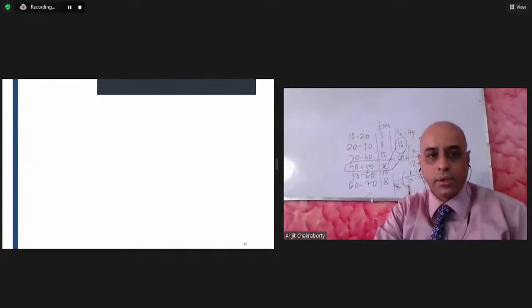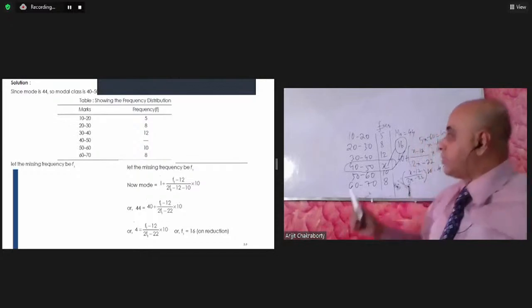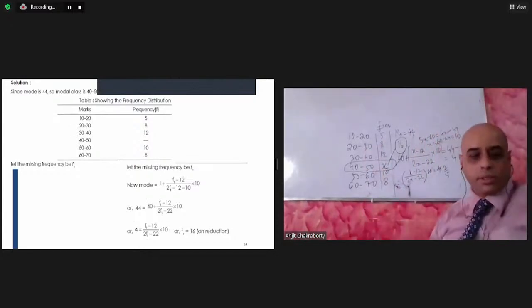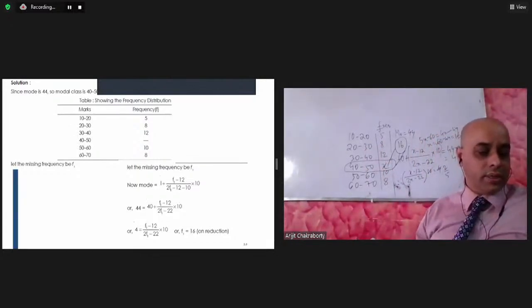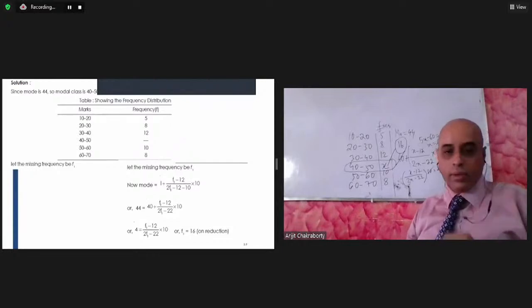So let us see the solution. The solution slide is coming up now. So if you look at the formula, this is the same thing we have done. Ankit is asking how 22 has come.